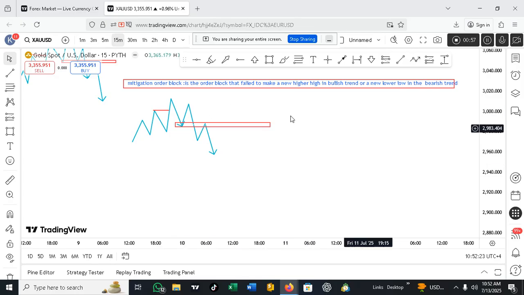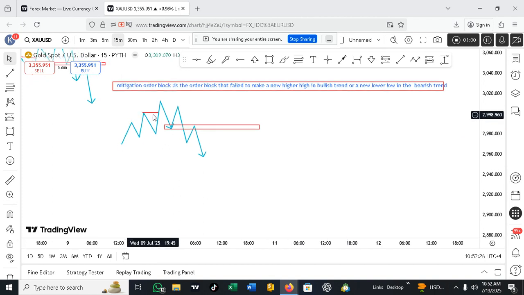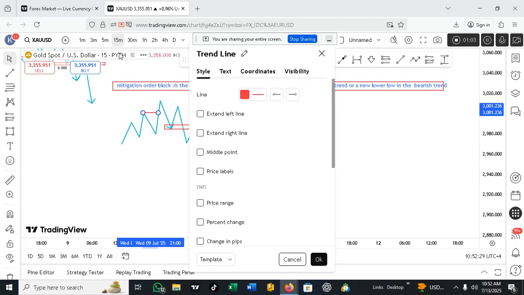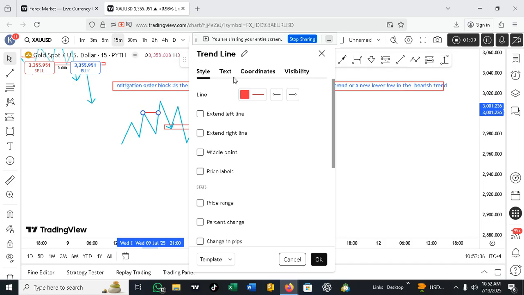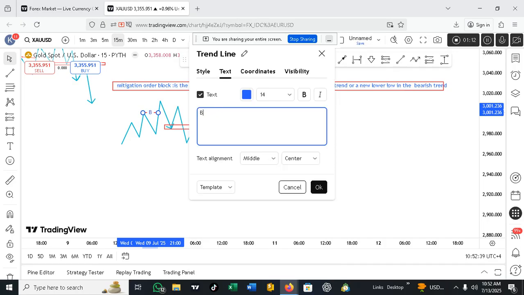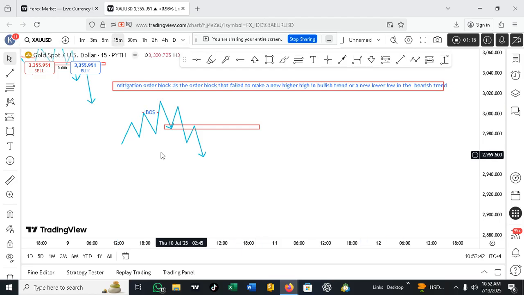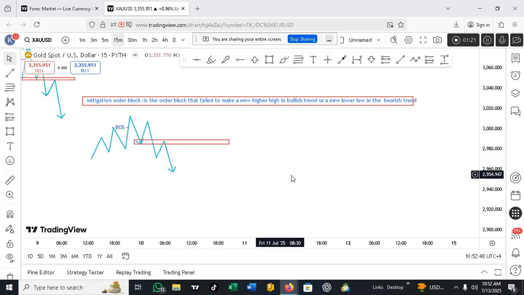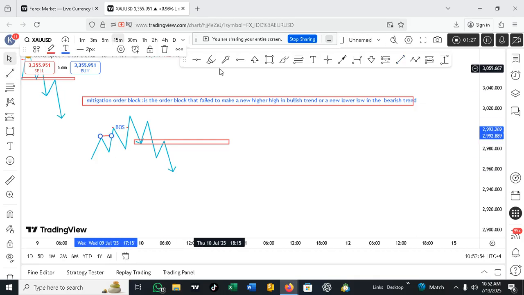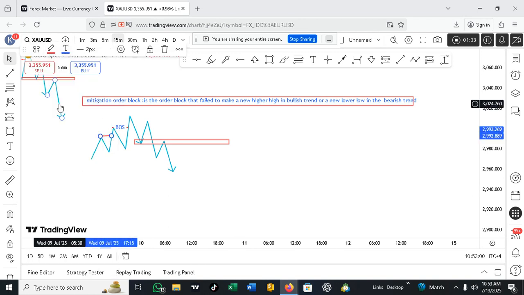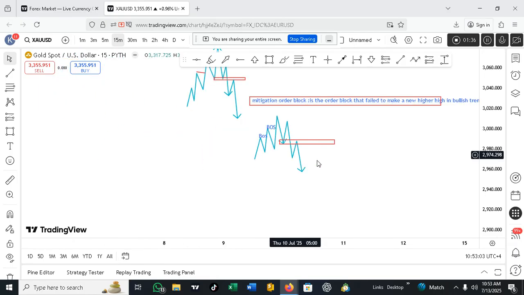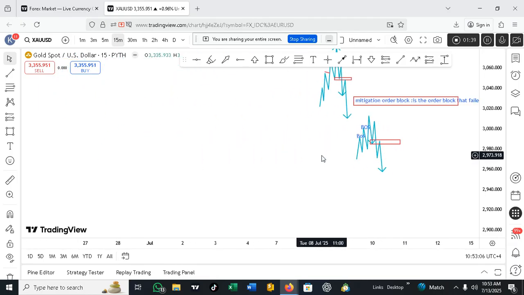So this is a bullish market because it was making higher highs and higher lows. This is our bullish market.